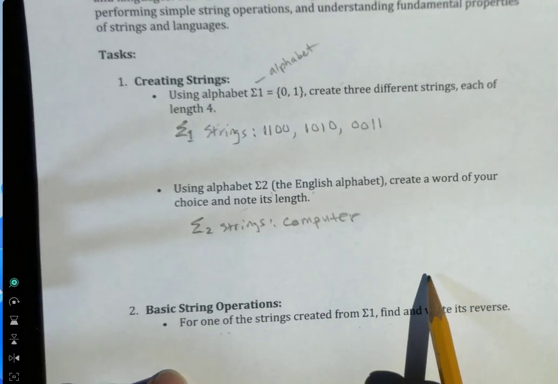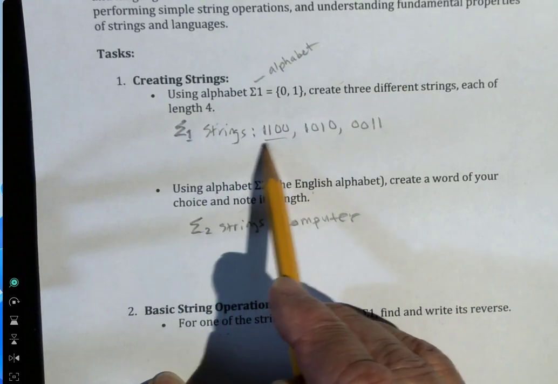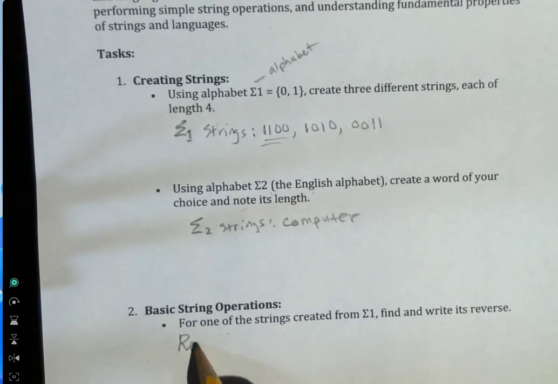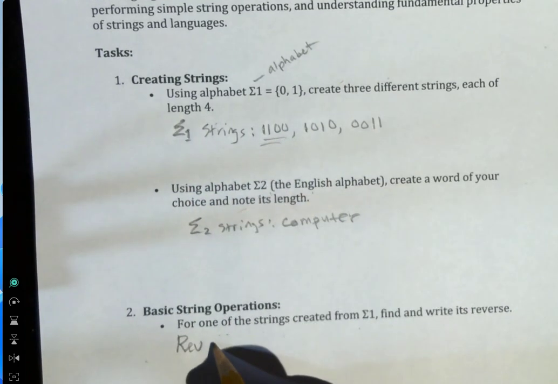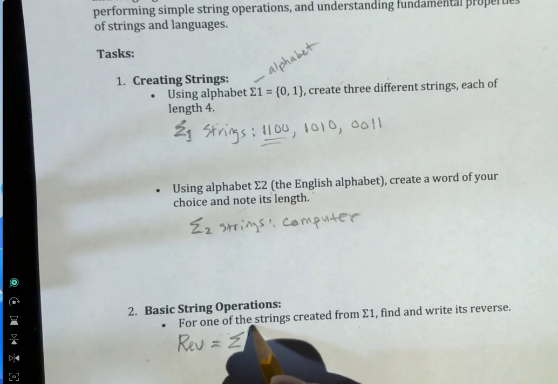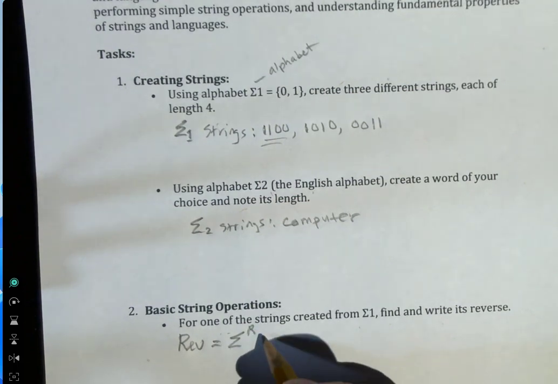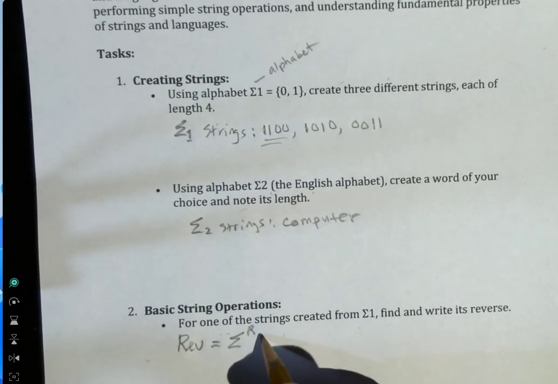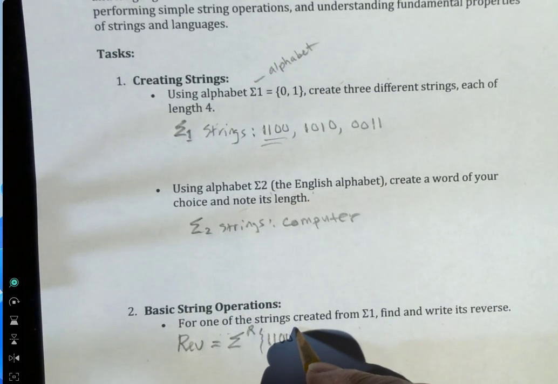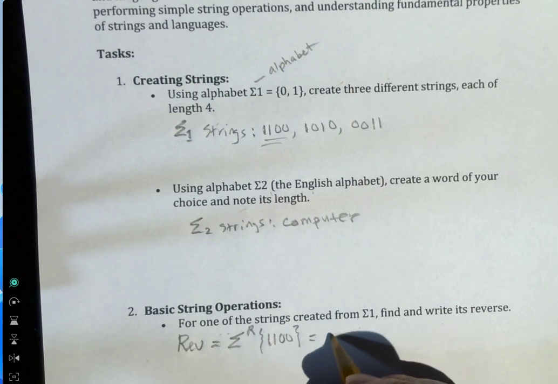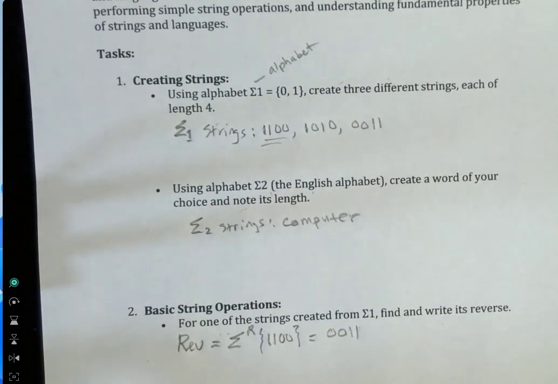So if I use the first one here, the reverse of that, the reverse of 1100, is otherwise written like this: sigma r of 1100 is 0011. That's how you do this one.